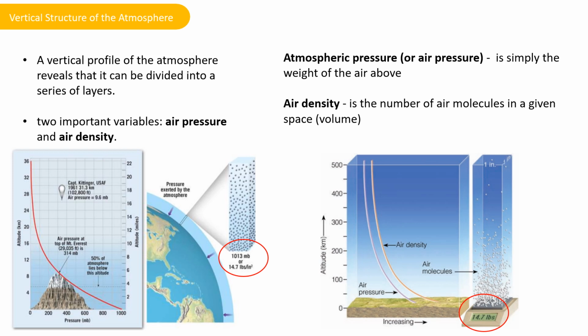If the air pressure goes up, the air density goes up. However, at an increasing height, when there is lesser air density, that means a lesser number of air molecules, then it must also have lesser weight.